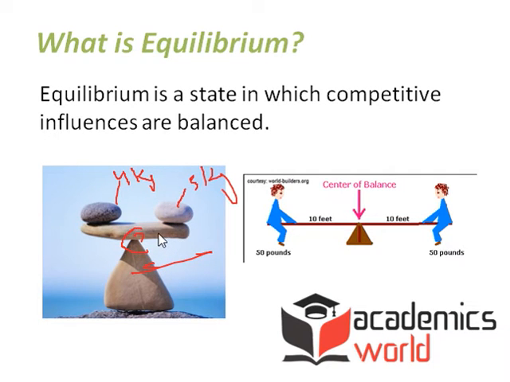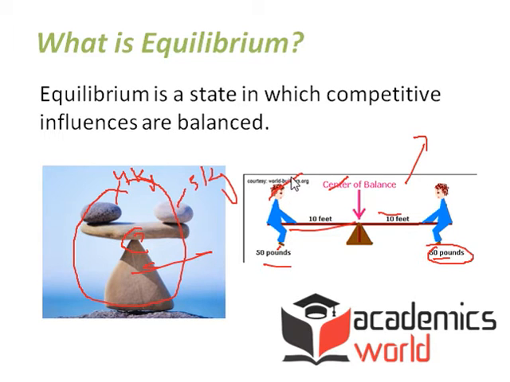The way they are balancing, this state is called equilibrium. The next example given here is a man of 50 pounds and a plank with 50 pounds weight, length 10 feet, and they are balanced. So they are also at equilibrium.